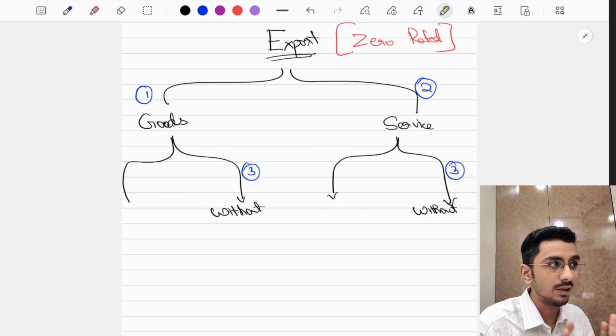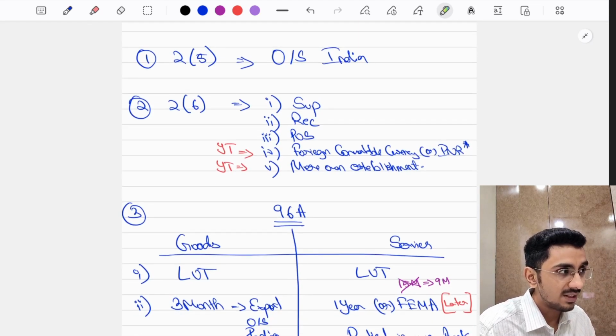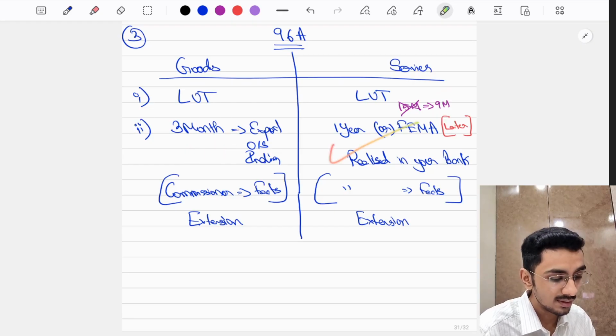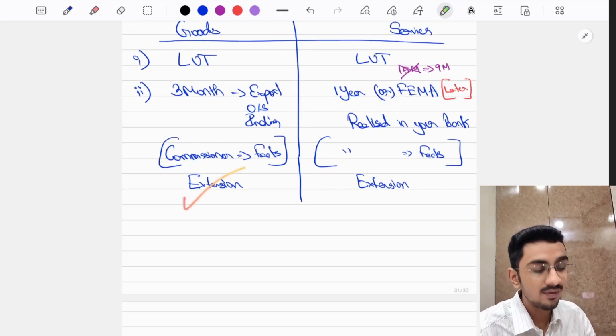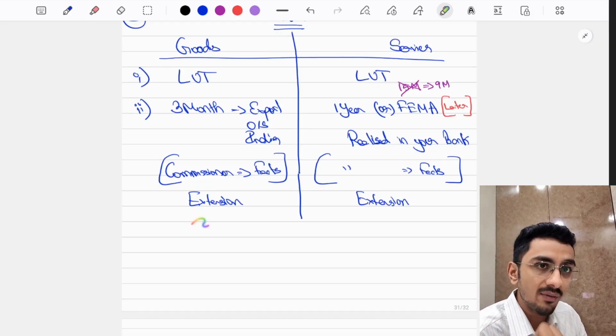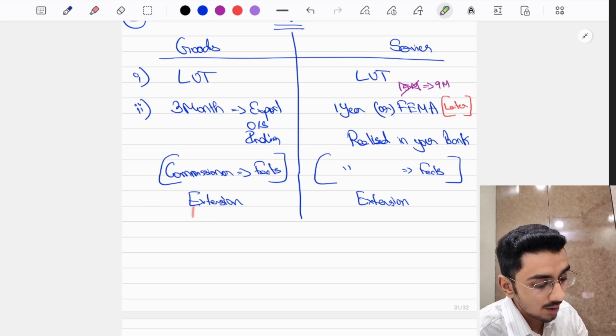We started with 96A. We bifurcated into goods and services. We learned that LUT is mandatory, and there is one more condition for goods, and there is one condition for services. And if there is a delay, you can go to the commissioner, state your facts, and basis the facts, the commissioner will provide an extension.